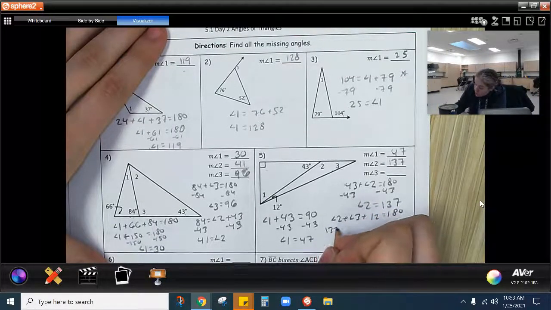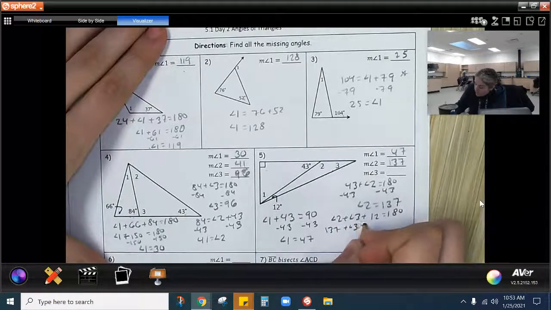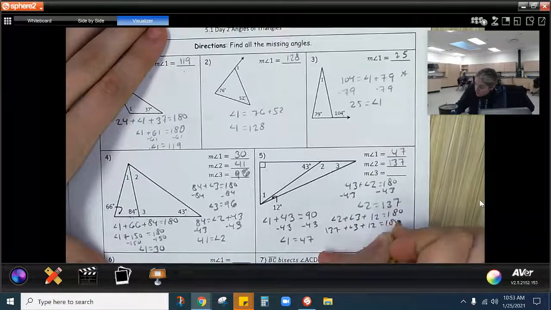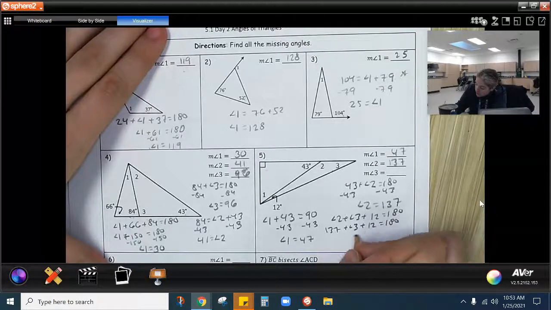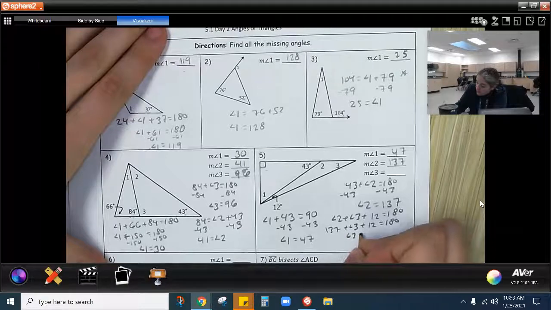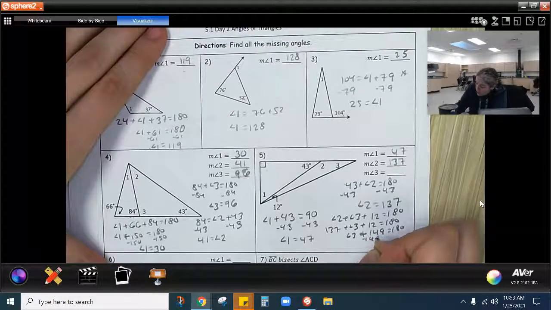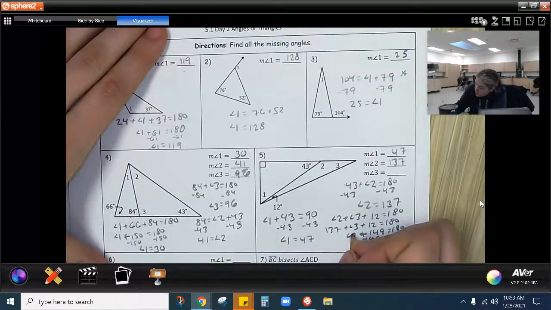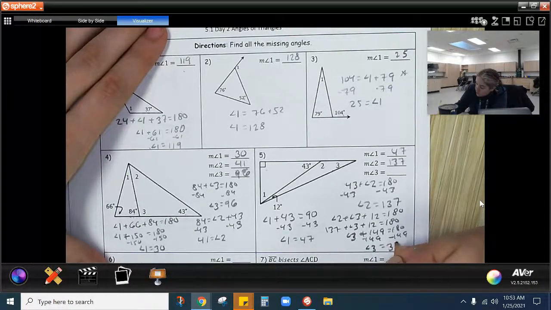Angle 2 we know is 137. So that's really 37 and 12 makes 149. When we subtract 149 on both sides, we end up with angle 3 is equal to 31.